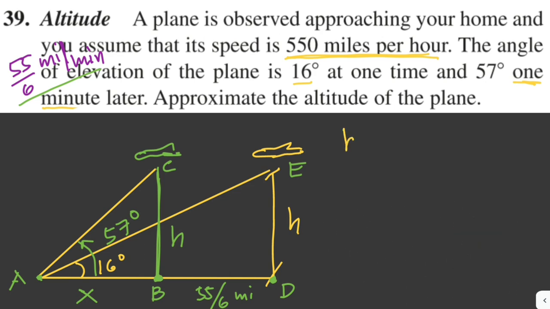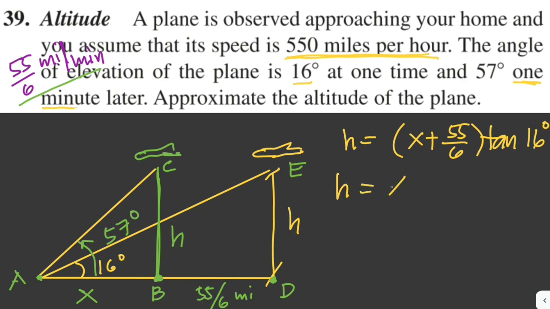Okay. H is just equal to x plus 55 over 6 tangent 16. Then the other one is h equals x tangent 57 degrees. And we just have to equate them.